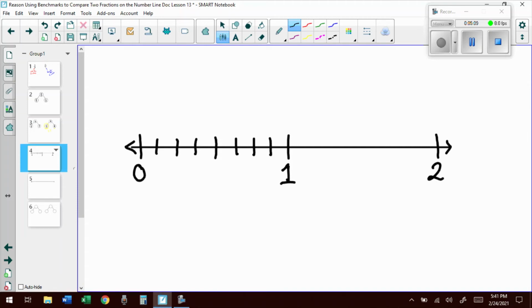Excellent. I have eighths. 1, 2, 3, 4, 5, 6, 7, 8. I'm going to mark out my half, and then I'll begin. Where's 7 eighths? 1 eighth, 2 eighths, 3 eighths, 4 eighths, 5 eighths, 6 eighths, 7 eighths, right there. That is 7 eighths.